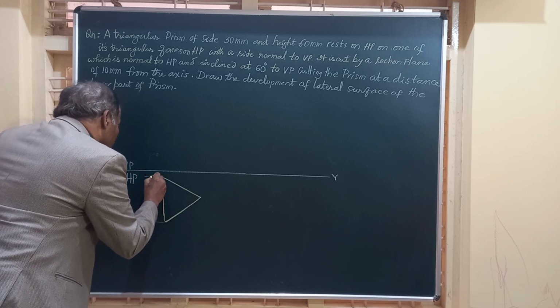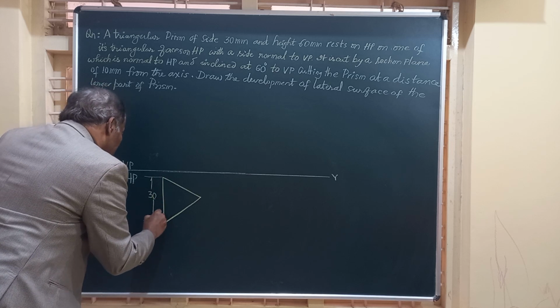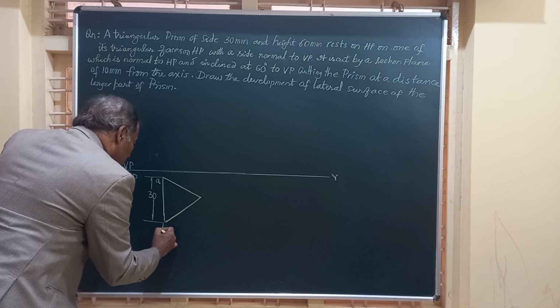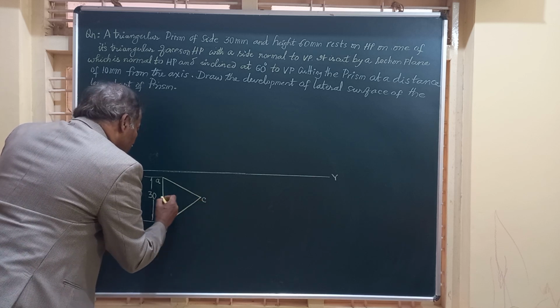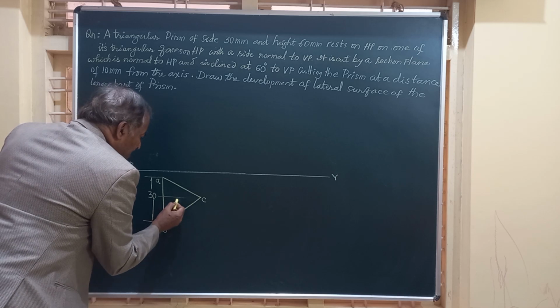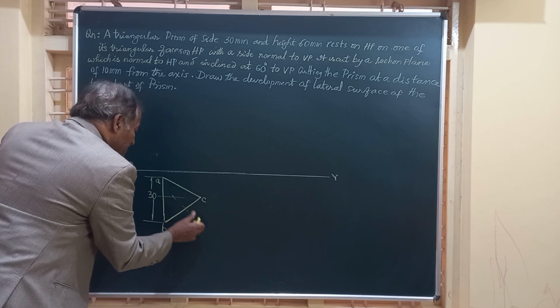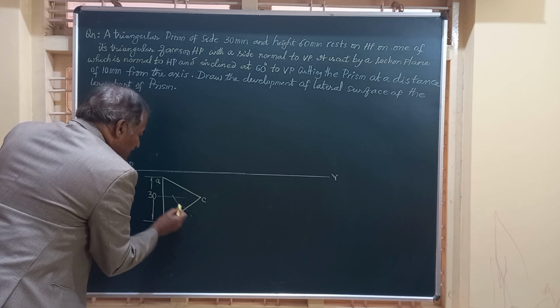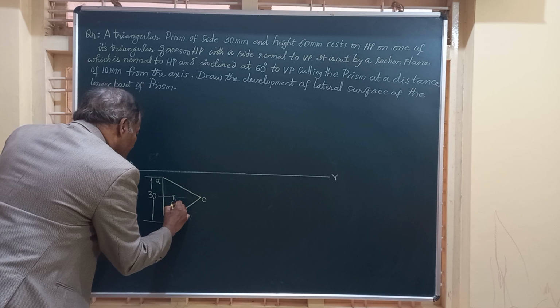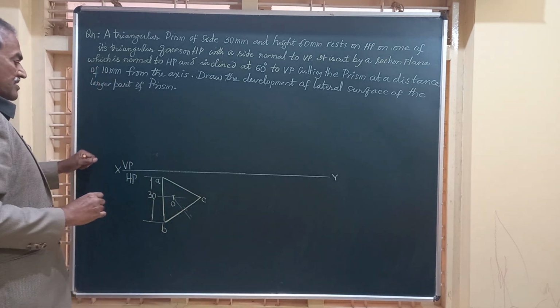And here we'll name these corners as A, B and C. Let us obtain the center of this triangle by bisecting any two adjacent sides. If we bisect them, the point of intersection of these bisectors will give you O, the center.